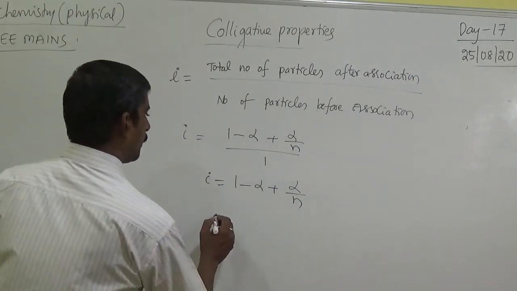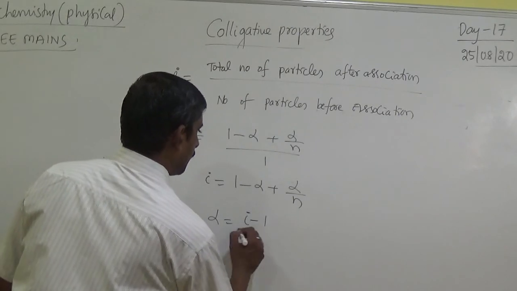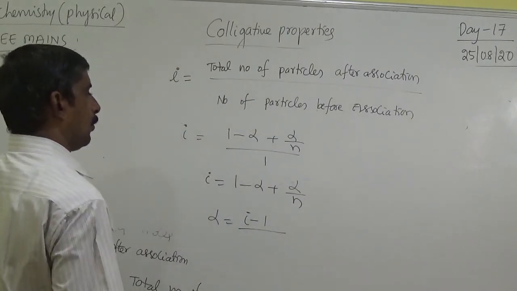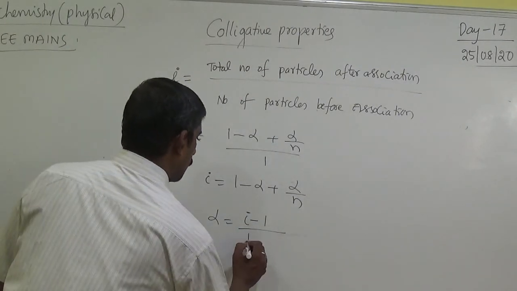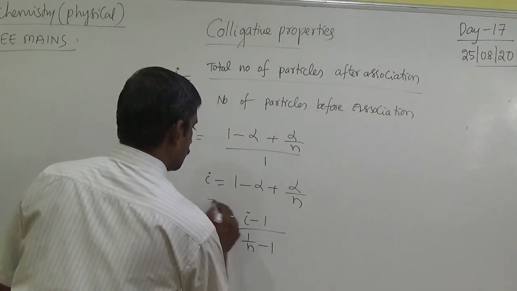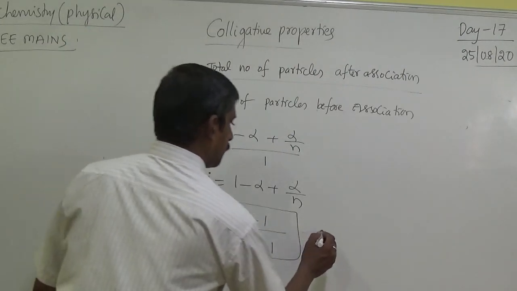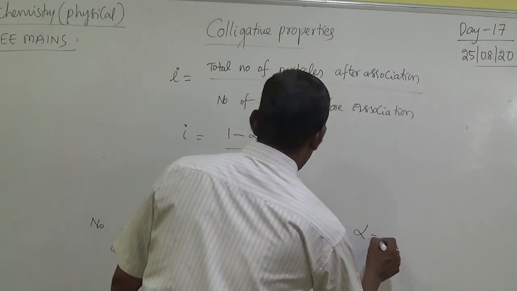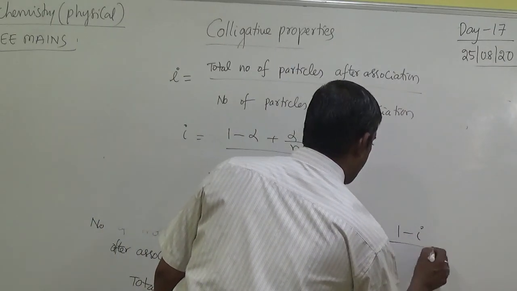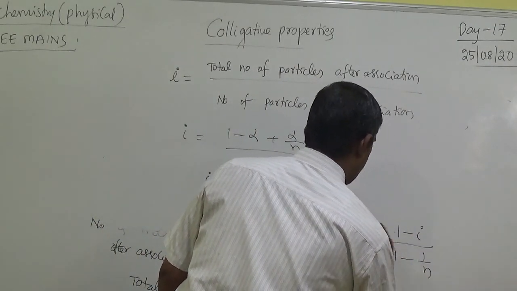We want alpha equals (i minus 1) by (1 by n minus 1). Simply, or in another formula, alpha equals (1 minus i) by (1 minus 1 by n). Either one is correct.